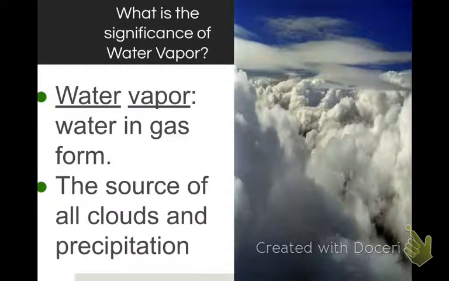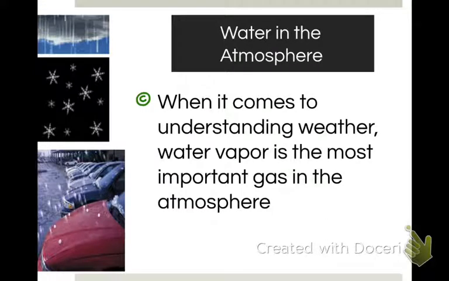So if you got rid of water vapor, that's a very key element of the system of life, and that would therefore affect everything else. So water in the atmosphere, don't write this down, but as we talk about weather, it's very important to understand water vapor, because weather involves water vapor in almost every way.